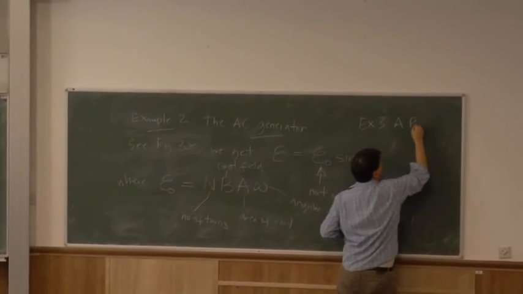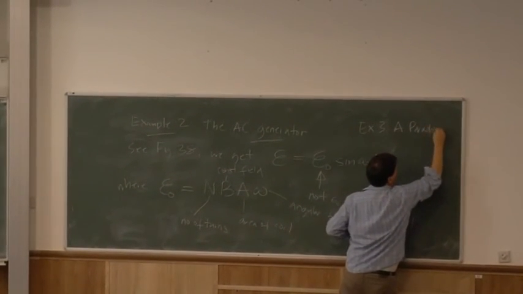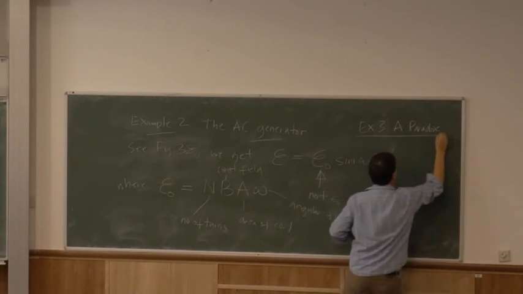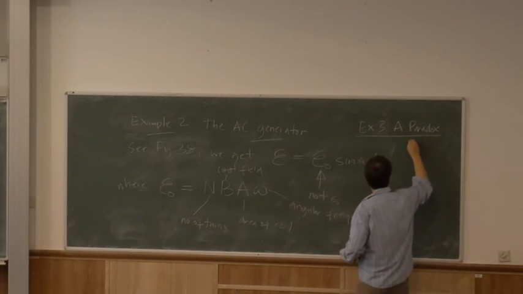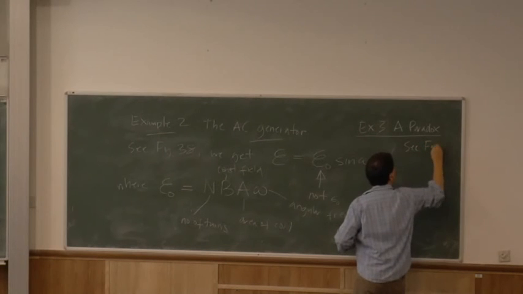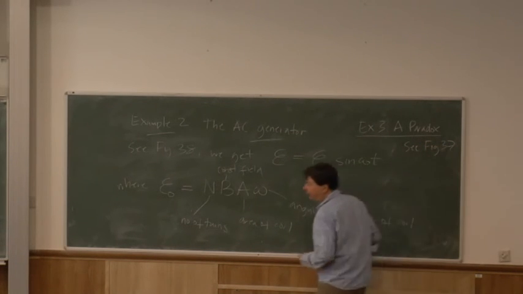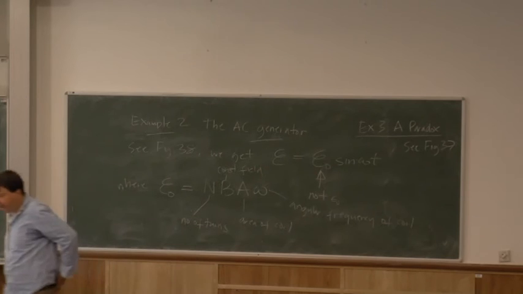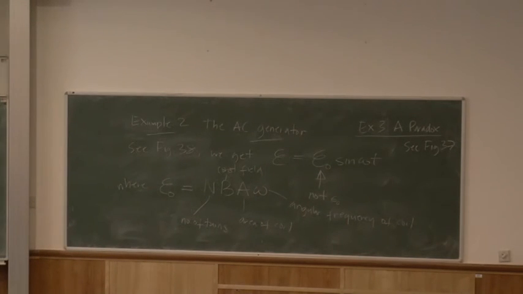Example 2 was the AC generator. Example 3, a paradox. I won't make board notes on this, there's no space to do it. What I've just done in words there is outlined on the VLE note. So let's just say see figure 37. That's what we've had a look at.